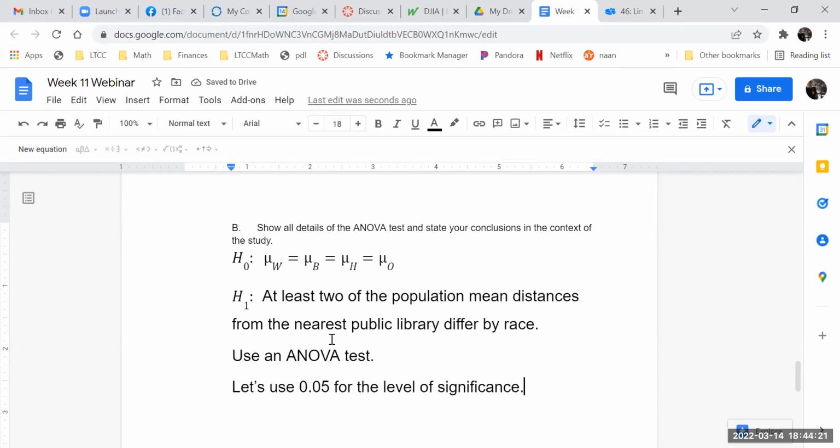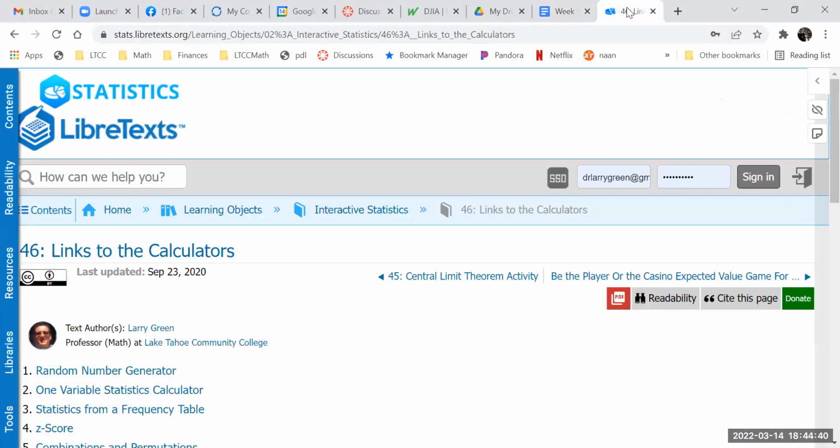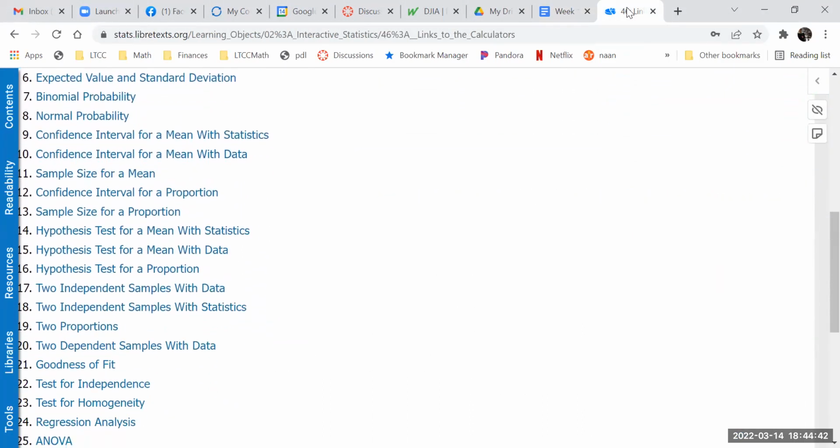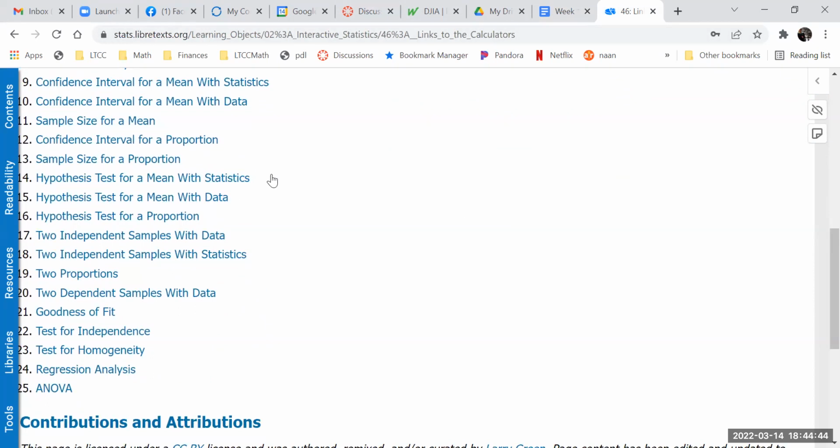Okay, what's the next thing you do always after writing down your H naught and H1 and looking at the level of significance? What comes next? Yeah, time for the calculator. So here's the good news. Let me go to the calculator. And where are we? What do you think? This should be obvious.